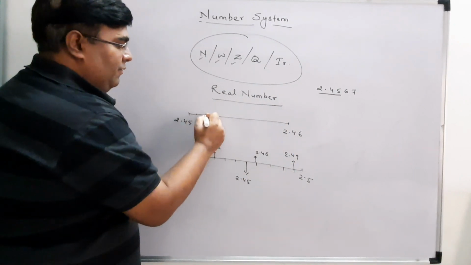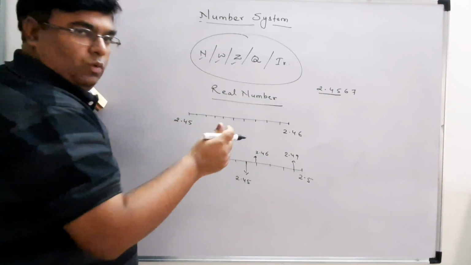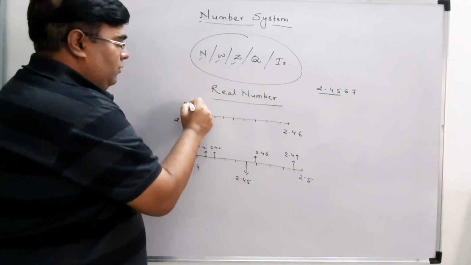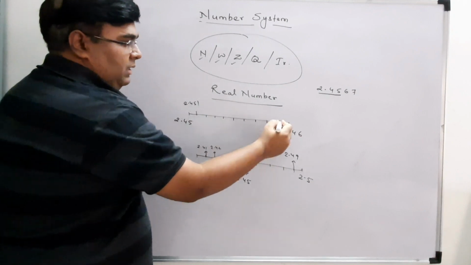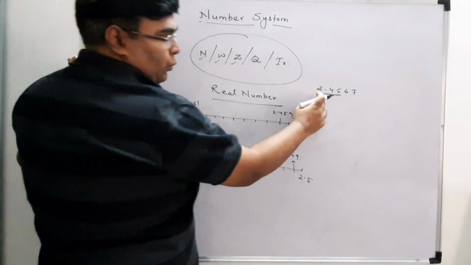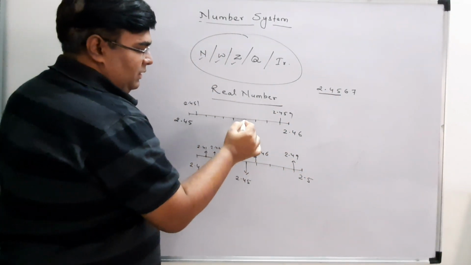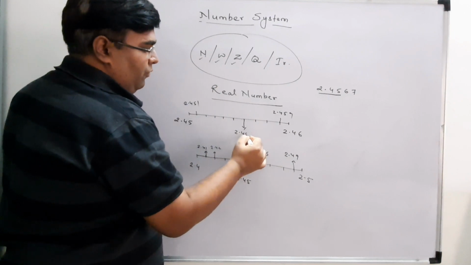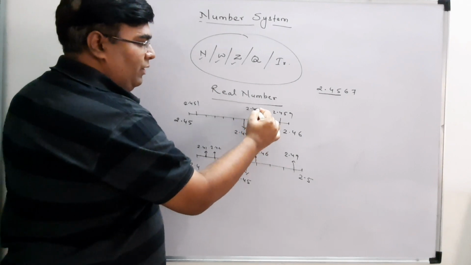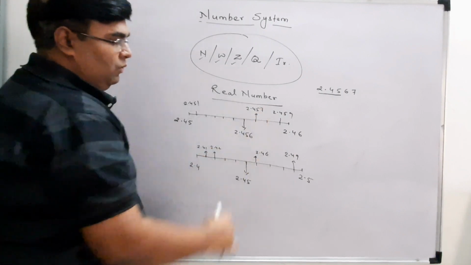Again the whole part will be divided into 10 equal parts. So it will be like 2.451 and this will be 2.459, but we are interested in 2.456, so it will be 2, 3, 4, 5, 6. This is my 2.456 and the next number is what? 2.457. So this number is in between these two numbers.